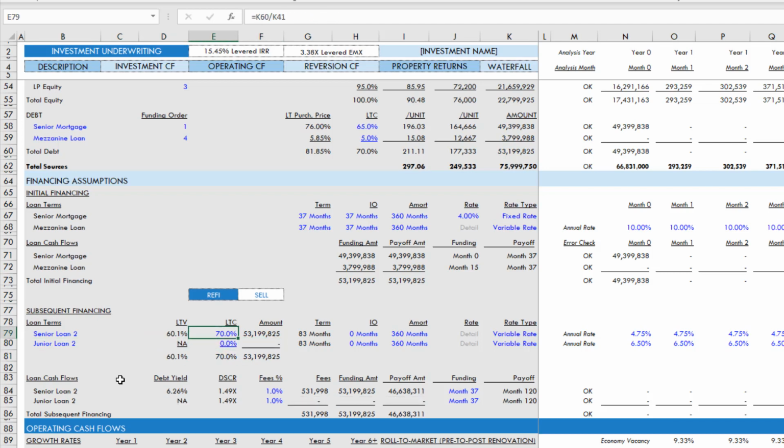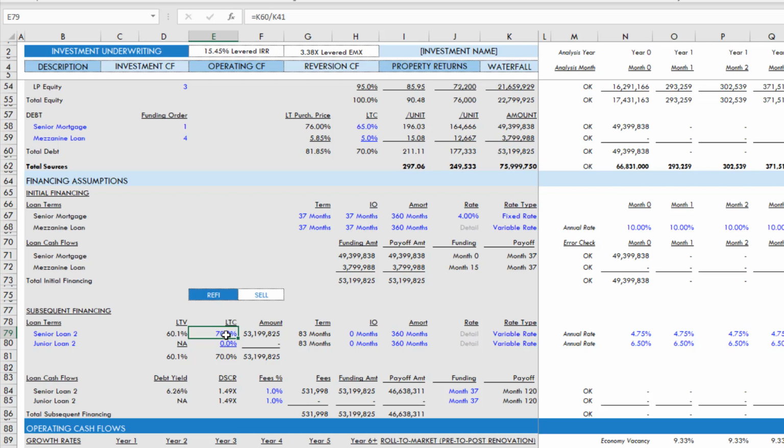And then we need a sufficient loan here to cover what, 53.199825 million. And right now this is by default paying off both the senior and the junior loan from that initial financing.